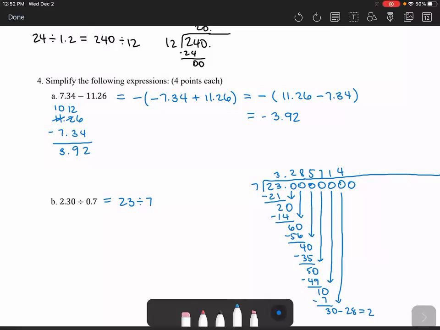And at this point, if you look at the remainders that we've had, we had remainders of 2, 6, 4, 5, 1, and now 2.